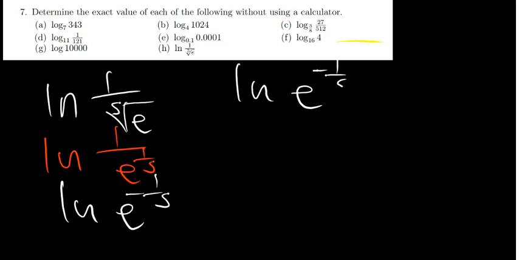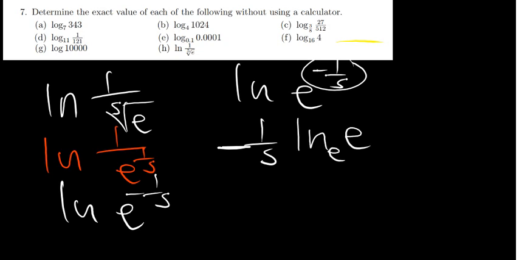I can shift the power to the front: negative 1 over 5 times ln e. Remember this is base e, so ln e is 1. So the answer is negative 1 over 5. As simple as that. So that is it for question 5.